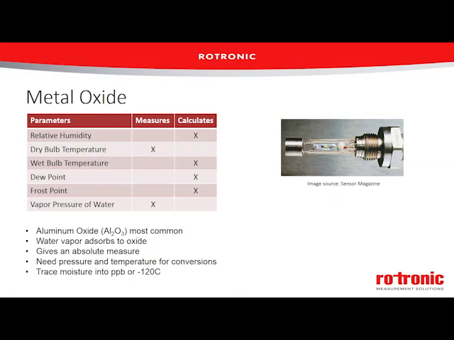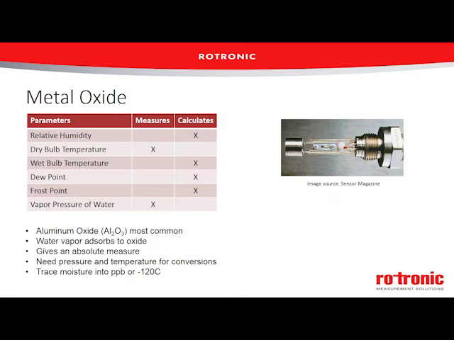And as they adsorb onto the aluminum, the conductivity changes, and as the conductivity changes, we measure the impedance, and that's what we use to determine the actual vapor pressure, or partial pressure if you will, of the water vapor. Typically these also have a separate temperature sensor installed inside the probe.